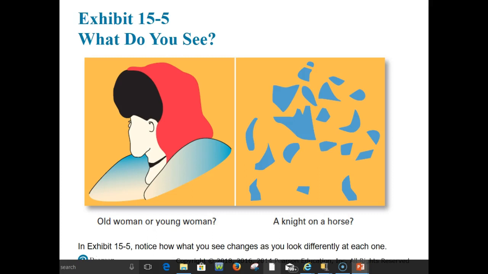If you look at it in one frame to the left, the chin of a younger woman who's looking over her right shoulder would be the nose of the older woman who's wearing a veil. And then over here to the right, is it a knight or a horse? I'll leave it up for you to take a look.